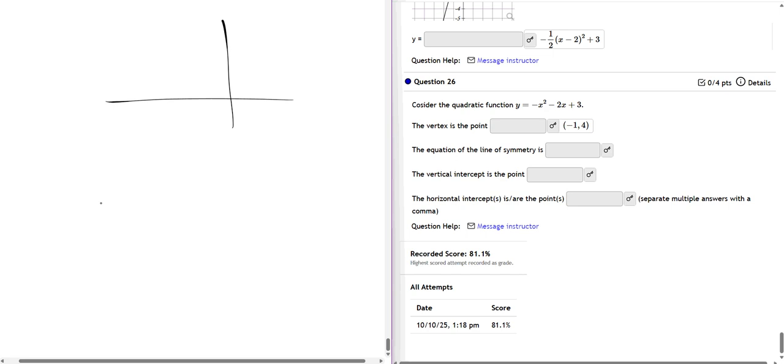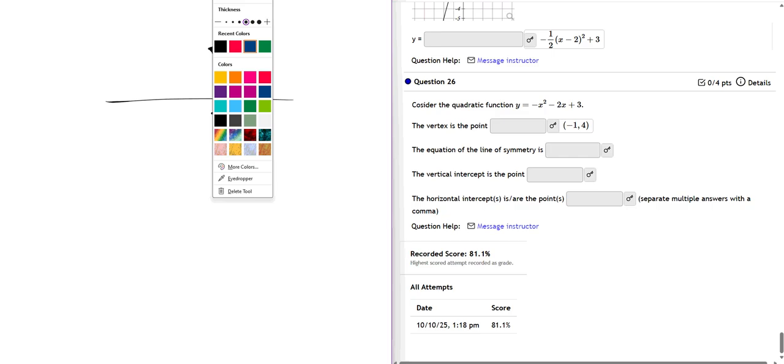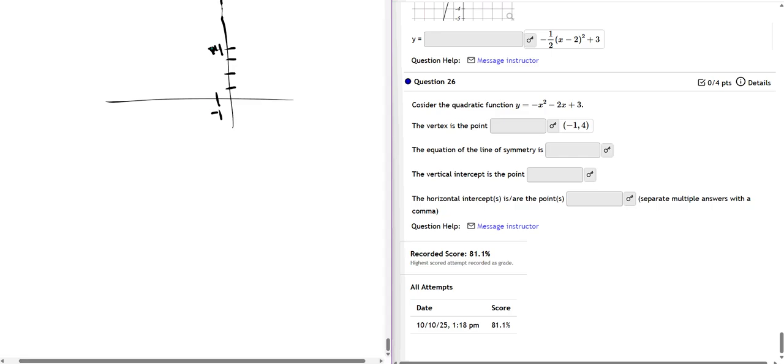Yeah, so let's do this as -1 here, and 1, 2, 3, 4 here. So if my vertex is here, in another color, my vertex is here. And I can see it has a negative lead coefficient, so it's going to be opening down.